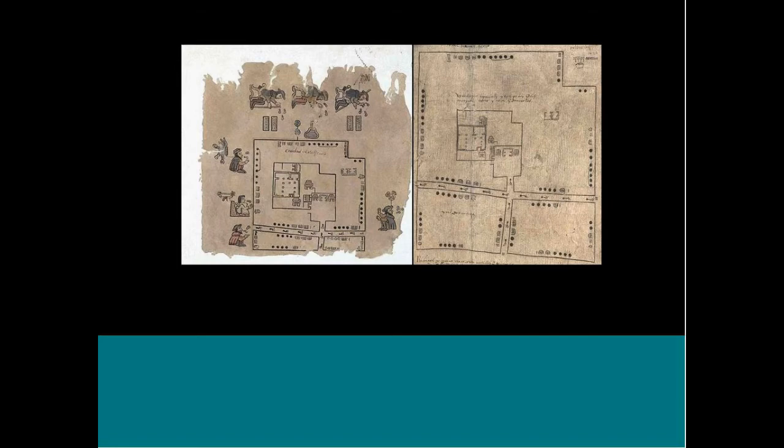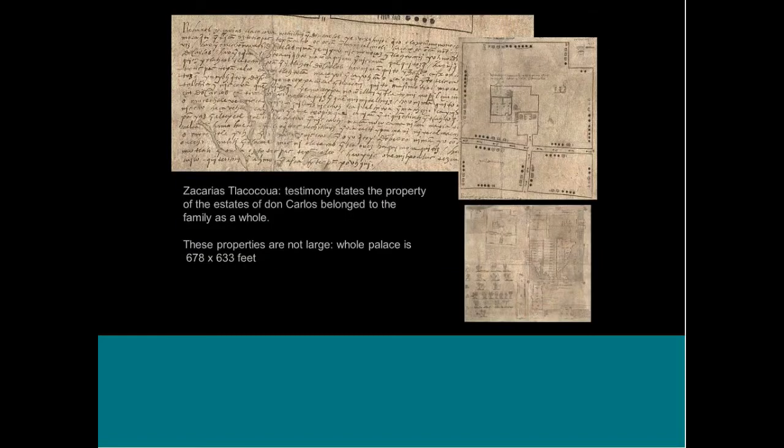The people who are pictured on the Humboldt fragment are a lot of the people who are going to be involved in this land dispute, and they're actually shown on the Humboldt fragment, but they don't appear at all on the Oztoticpac Lands Map.